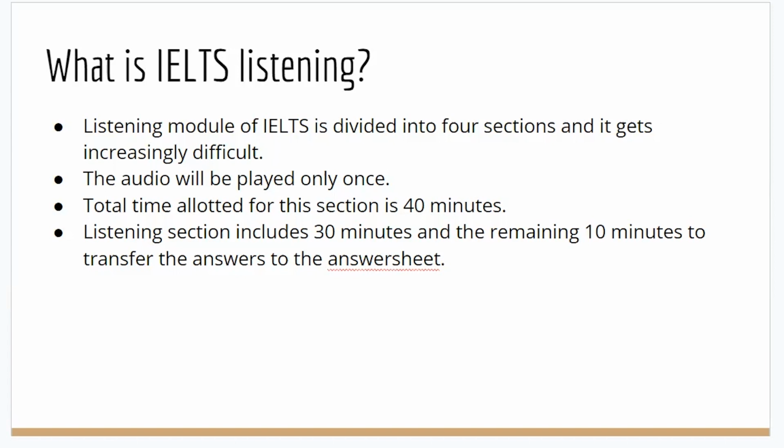The second one is not much more difficult, but compared to the first, it increases in the level of difficulty, for which also you can score high. And the third and fourth increase in difficulty as per the order. So, the listening module is divided into four sections and it increases in difficulty at each stage.